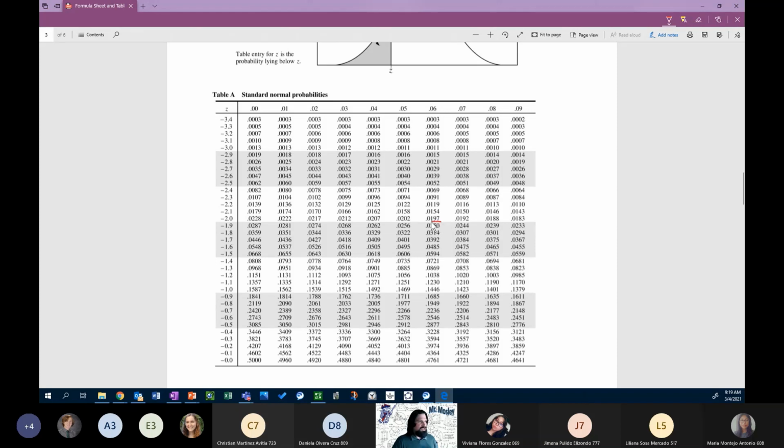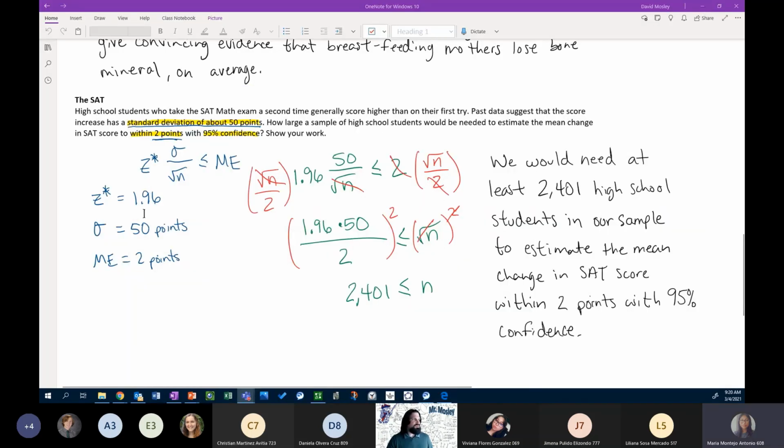Right, 0.025 actually exists on table A, and that corresponds with negative 1.9, right, and 0.06. And so that gives us a z-score of negative 1.96, which then as a z-star, a critical value, we just use the positive and we have 1.96. And so we use that as the critical value.